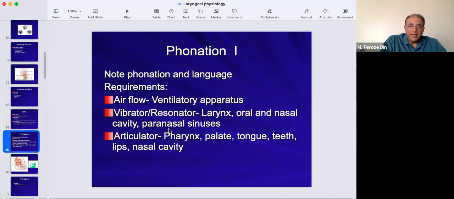One, there has to be airflow. So we use expiration for talking. Horses neigh, the neighing of a horse, N-E-I-G-H, is inspiratory. So we can also talk by inspiration. I can say the next sentence by inspirating.